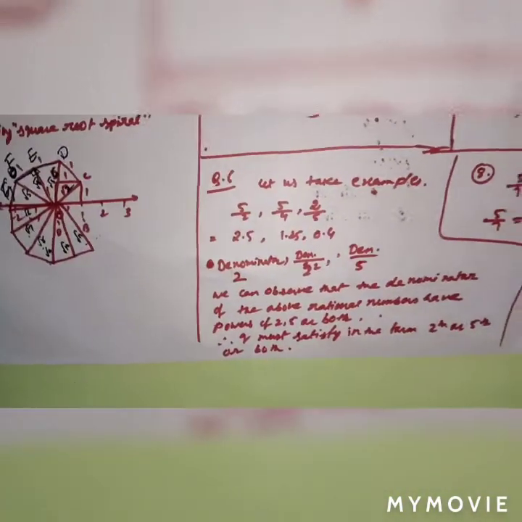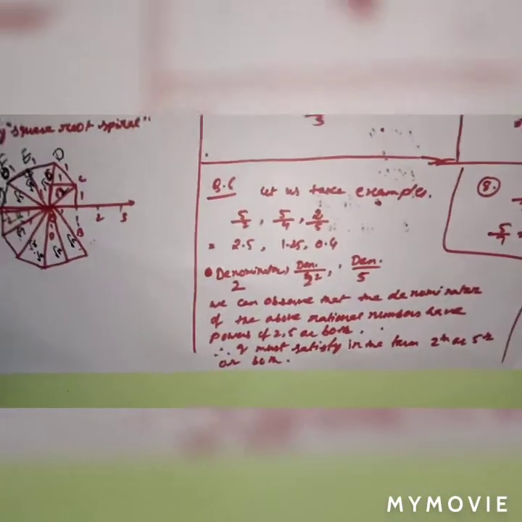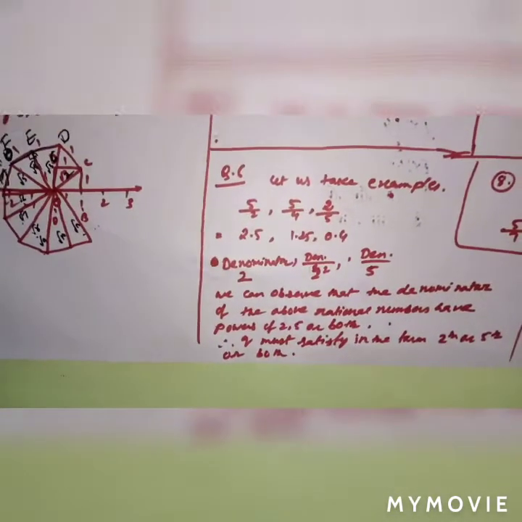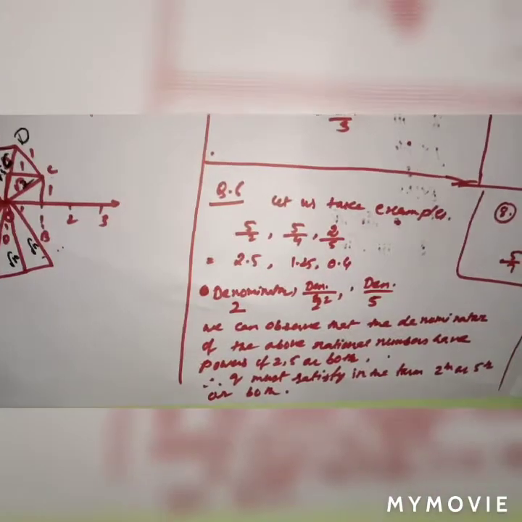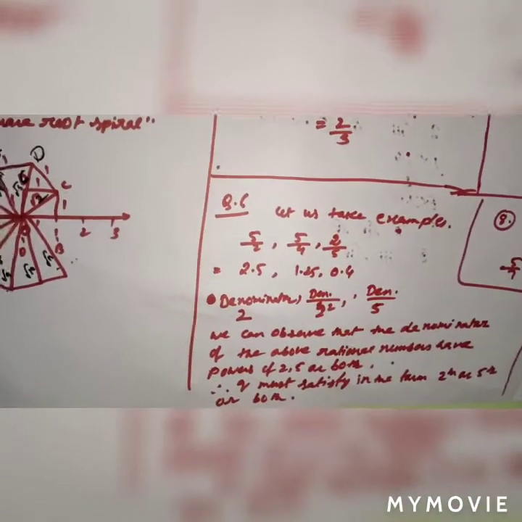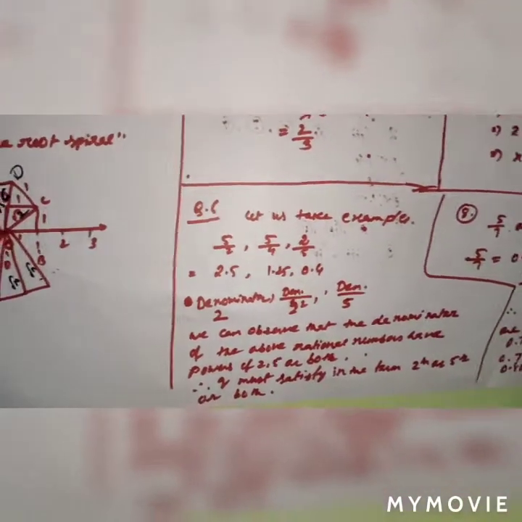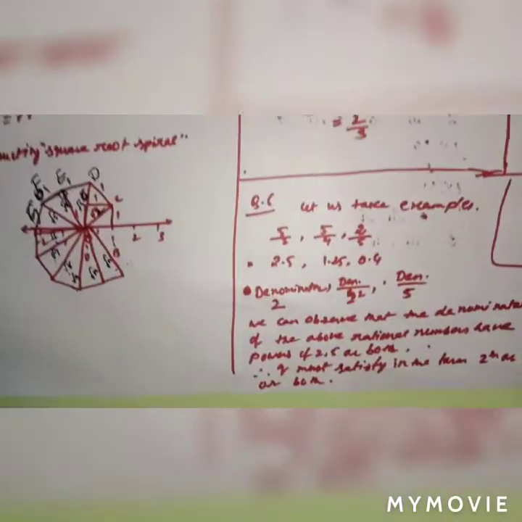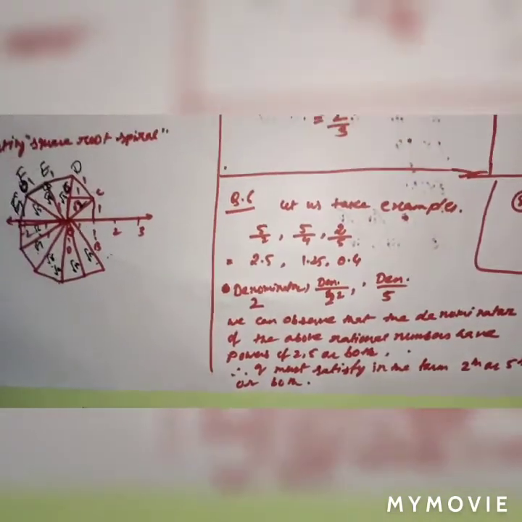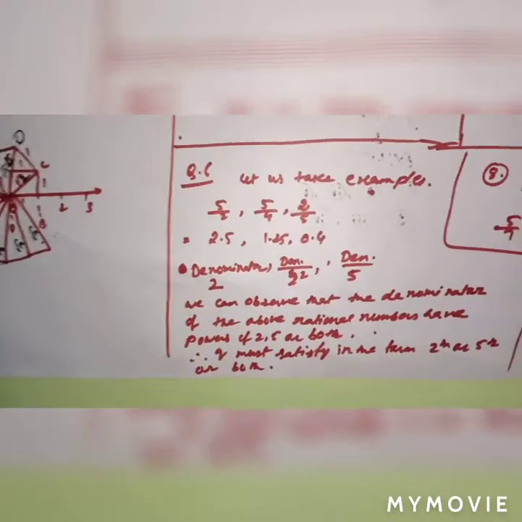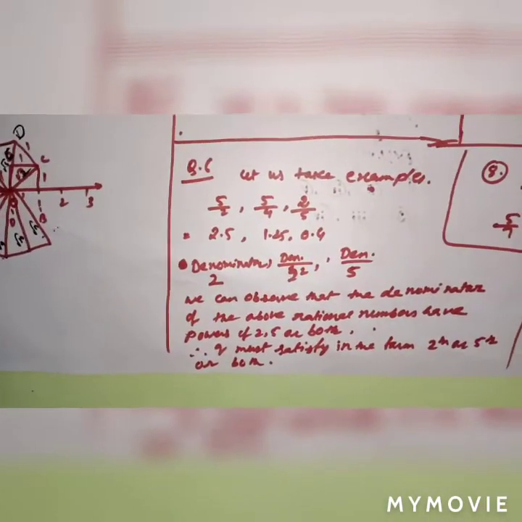But in the case of terminating, the q must satisfy some property. So you need to find out, for a terminating decimal, what property q satisfies. If you read the question, you will see what I said.